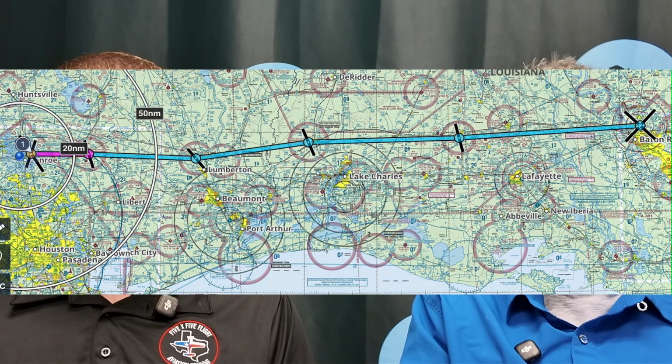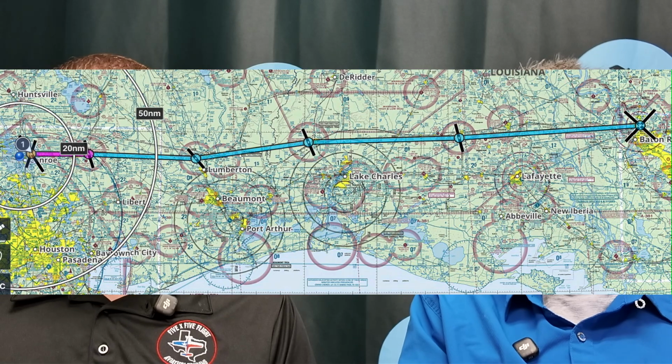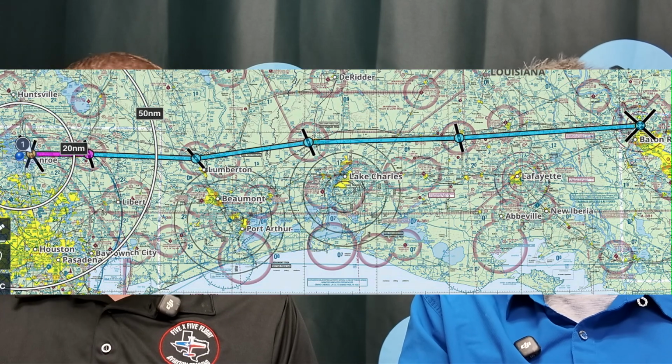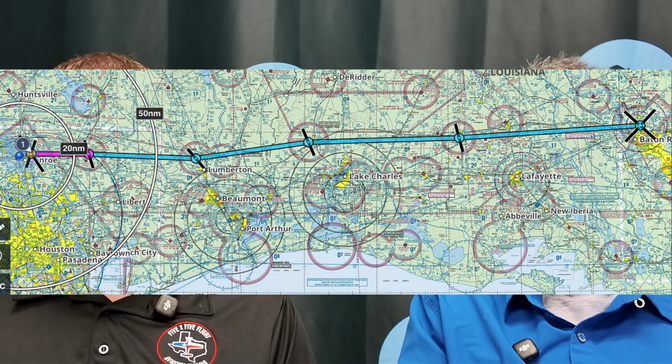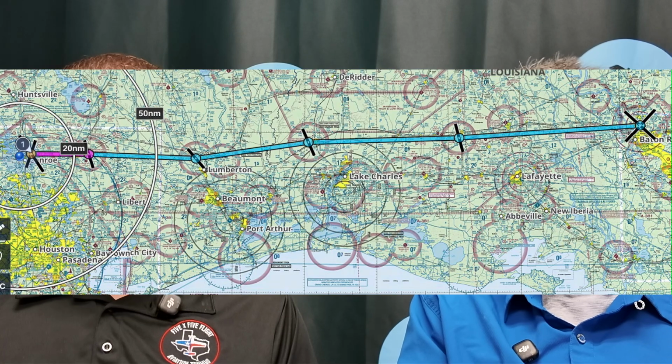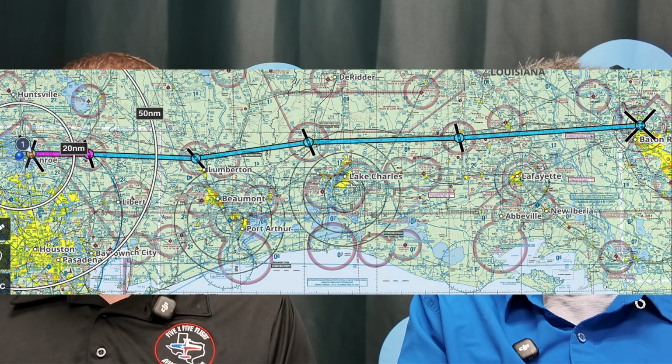If I had to pick Baton Rouge, that's due east of Houston, pretty much along I-10, I would probably go Conroe, Cleveland, Beaumont, Lake Charles, Lafayette, Baton Rouge. I would probably piecemeal it that way. Over airports, if there's a problem, you're 20, 30 minutes away from a landing, maybe less than that. That's how I plan it.